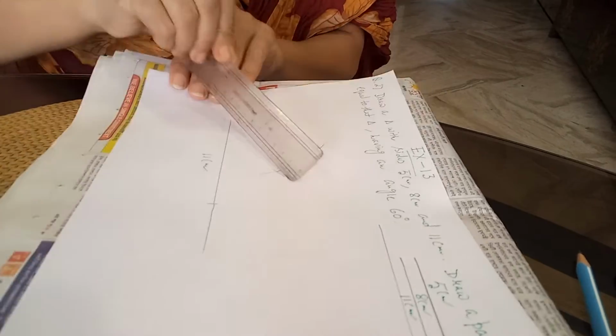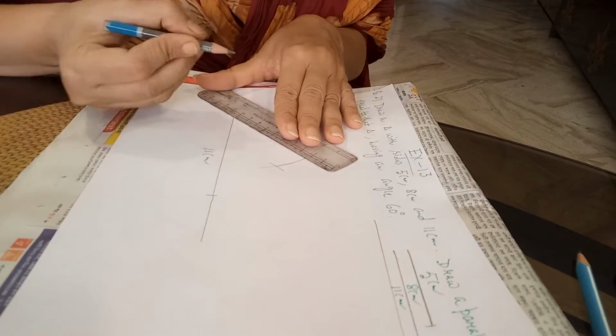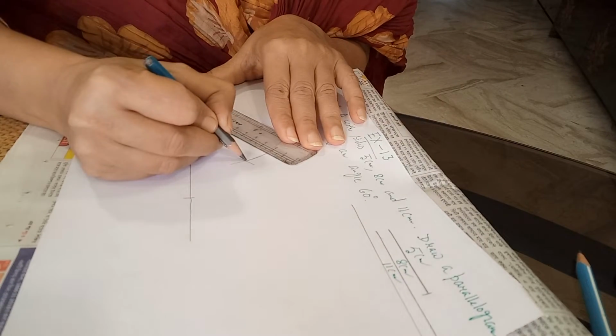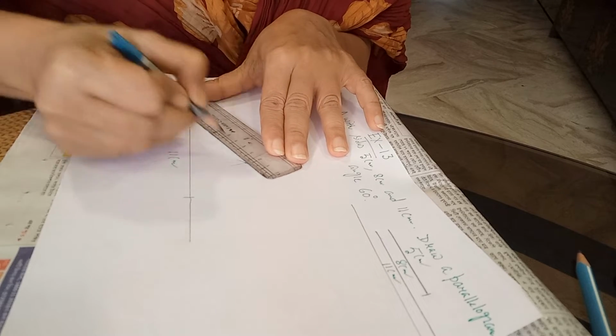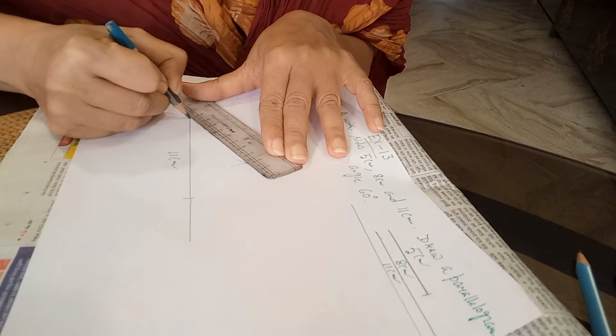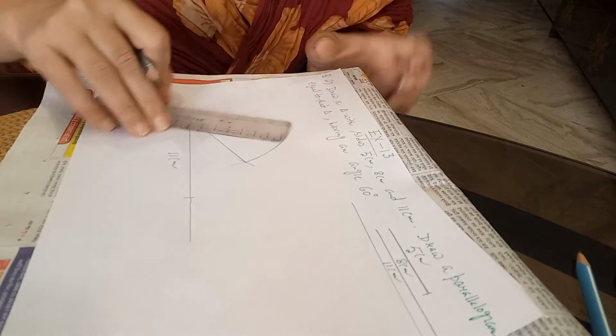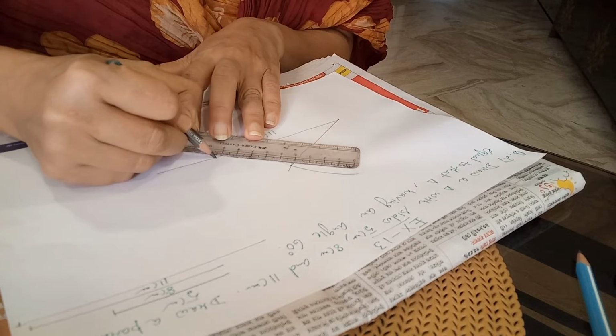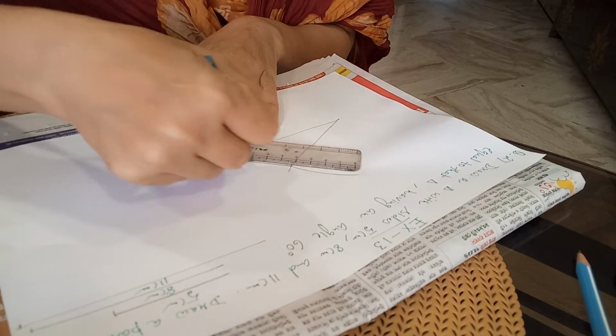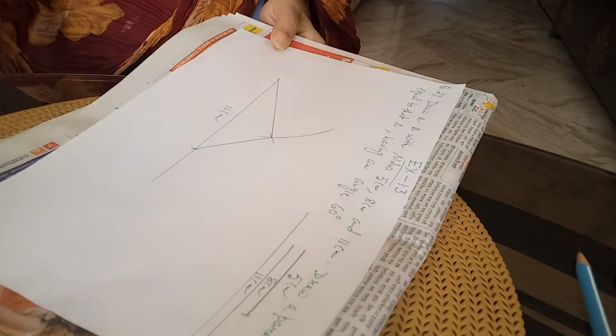Now we have to complete the triangle. This intersecting point and this end point join. And here also join. So we have got required triangle.